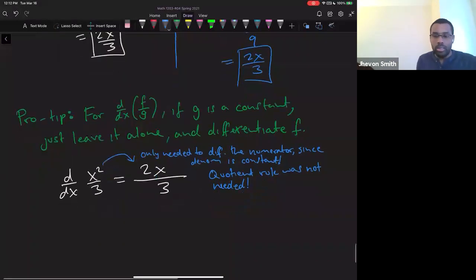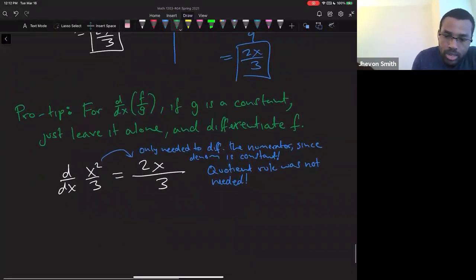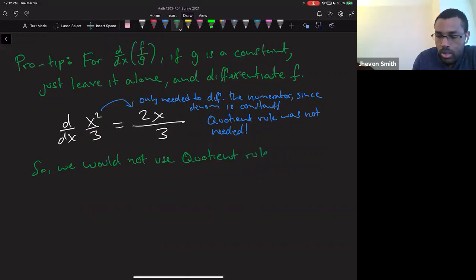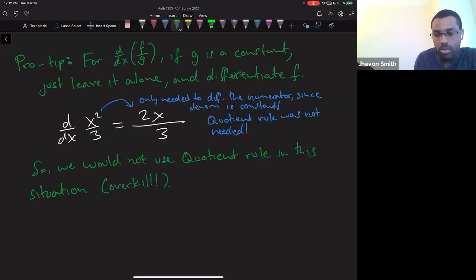So we would not use the quotient rule in this situation. Not because it's wrong, but because it's overkill, right?